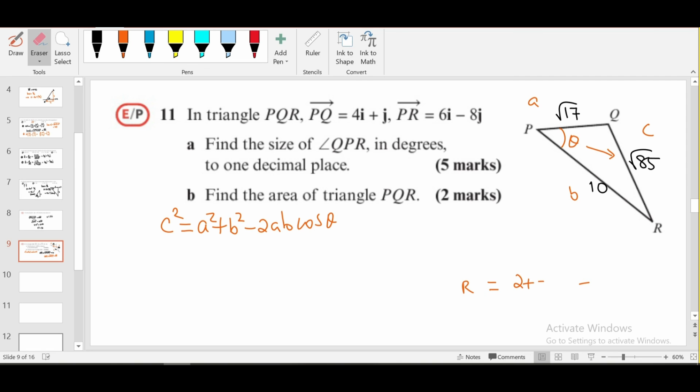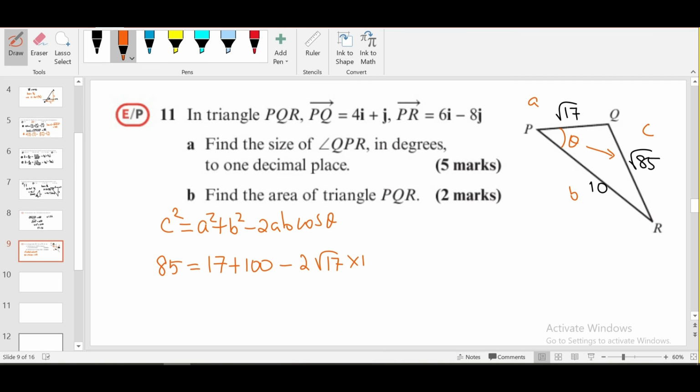Can you find it now? C squared is going to be just 85, A squared is 17, B squared is 100 minus 2 square root of 17 times 10 times cos theta. So cos theta is going to be 17 plus 100 minus 85 divided by 2 square root of 17 times 10.